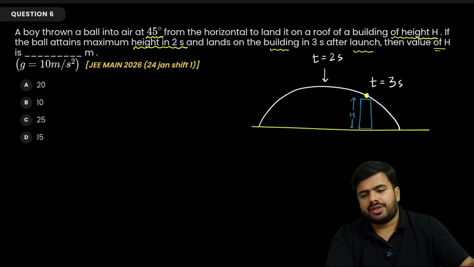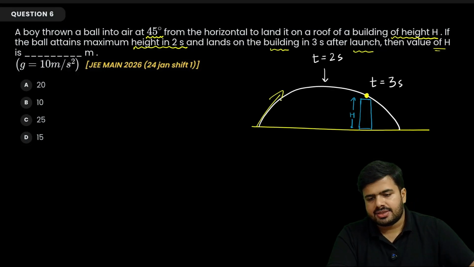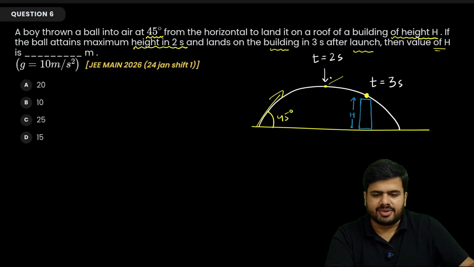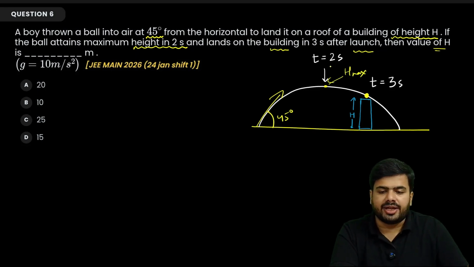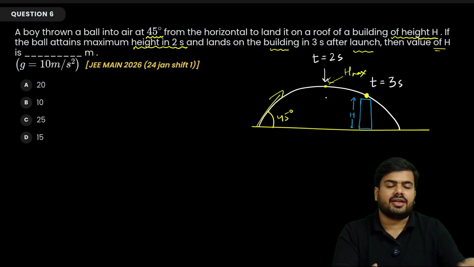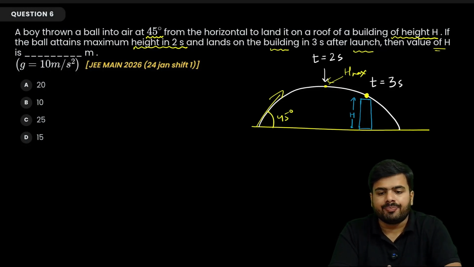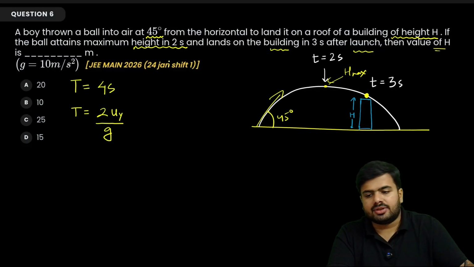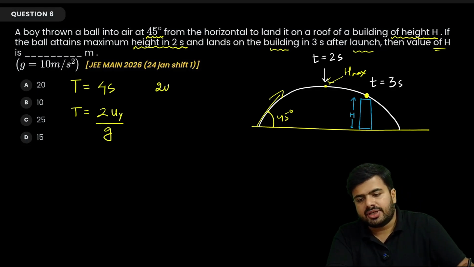If you see the diagram, this is the initial angle of projection of 45 degree. Now this is the maximum height point. To reach the maximum height, it takes 2 seconds, so the total time of flight I can get here as 4 seconds. Now if we apply the time of flight formula, T equals 4 seconds, equals 2u_y by g, because you all know that time of flight is given by 2u sin theta upon g.